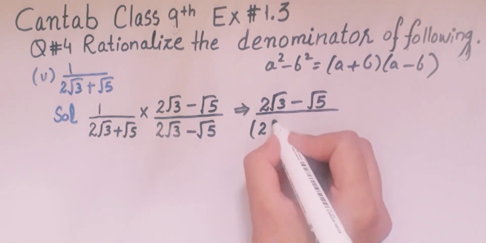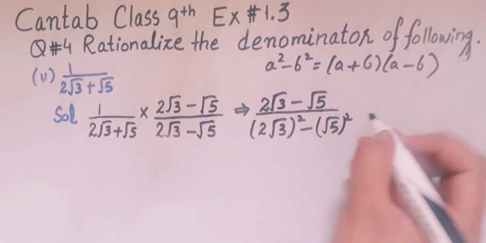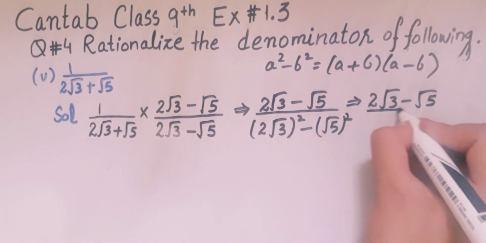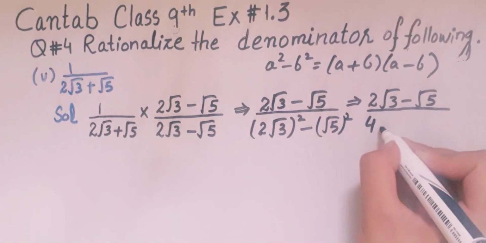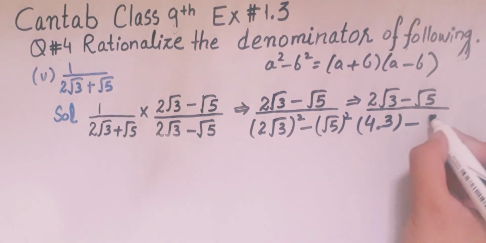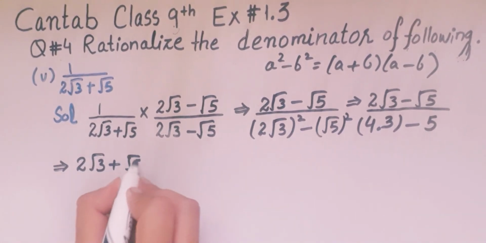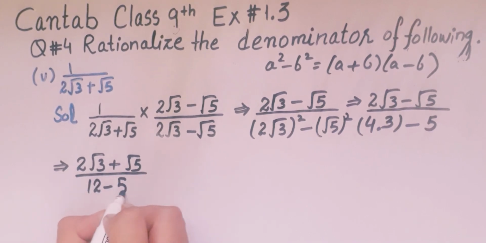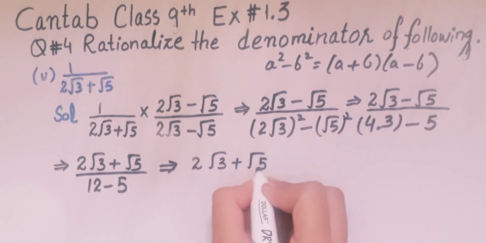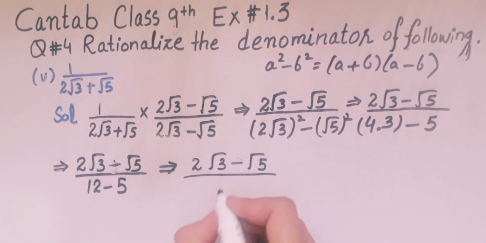So 2 square root 3 square minus square root 5 square, which is equal to 2 into square root 3 minus square root 5 by 2 square is 4 and this square root will be cancelled by this square, so we have 4 multiplied 3 minus 5. 2 into square root 3 minus square root 5 by 12 minus 5 is 7.